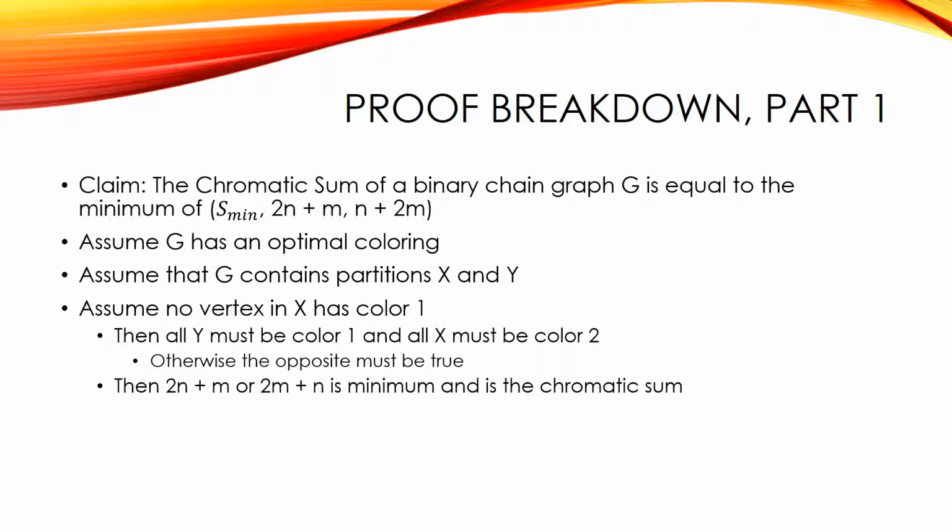Then in this case, either 2n plus m or 2m plus n is minimum, because if m is bigger, then we'll let m be 1 and n be 2, and that would give us the smallest possible chromatic sum. And if n is bigger, in other words, there are more vertices in n, then we will make n 1 and let m be 2, and we'll have the minimum chromatic sum.